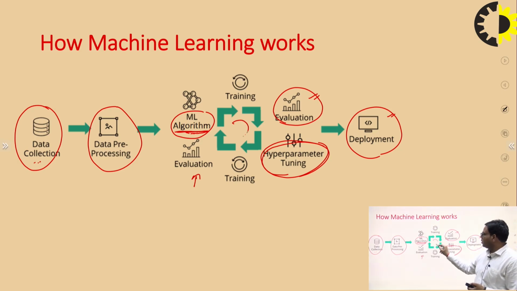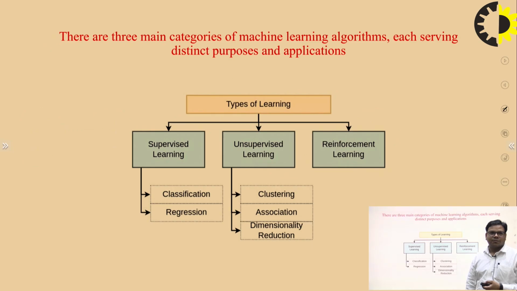So this is a cyclic process. You can repeat it until the expected performance is met. When you have a satisfactory performance report, you can go for the deployment. A program can be deployed which can be directly used in an application for the users. So this is how machine learning actually works.